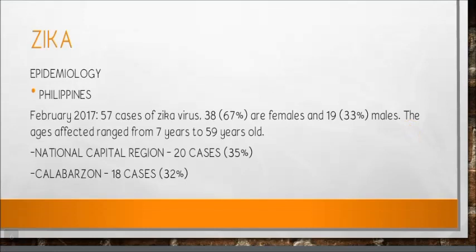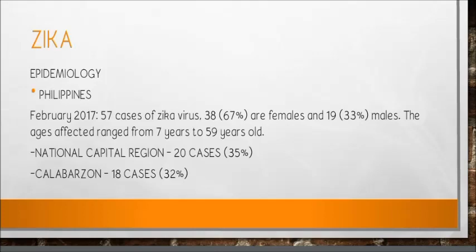Of course, it's very important to also know the epidemiology here in our country, the Philippines. So, in February 2017, said by the DOH, there were 57 cases of Zika virus. 38 of those are females and 19 are males, and the ages affected range from 7 years to 59 years old.